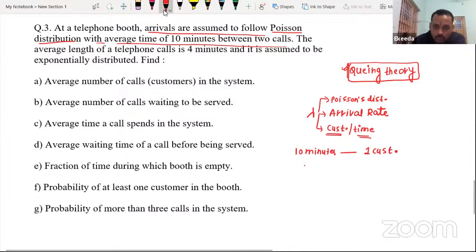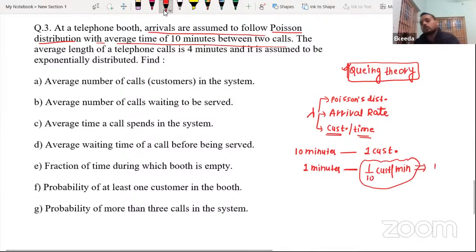So we will find the rate for 1 minute: it is going to be 1 by 10 customers per minute. So 1 by 10 is our lambda. Try to convert it into a standard unit, that is customers per unit time.